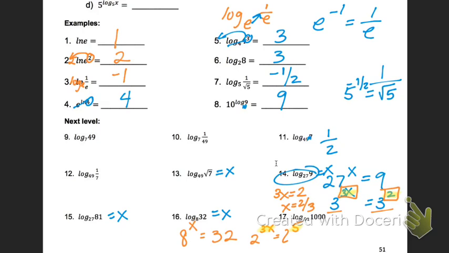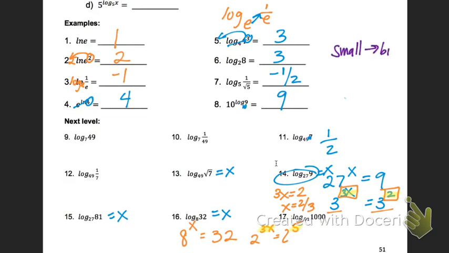Is the answer to number 12 -2? Negative 1/2. So a good rule to think about: if your base is small and the number next to it is big, so you're going from small to big, then you're going to have a number greater than 1, like 2 or 3 or 4.